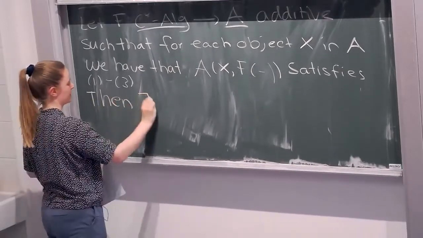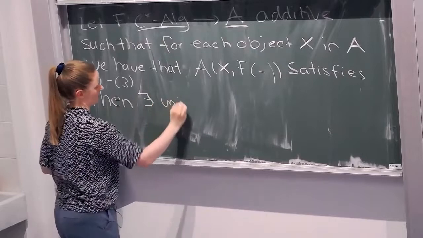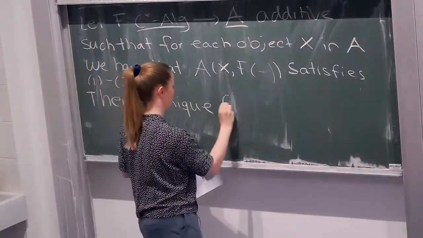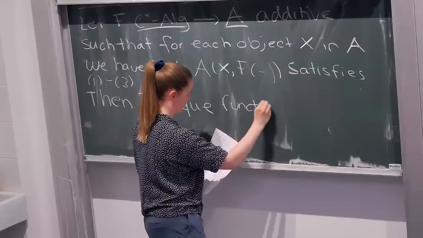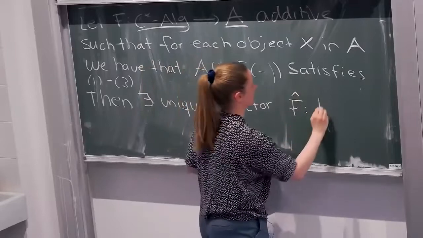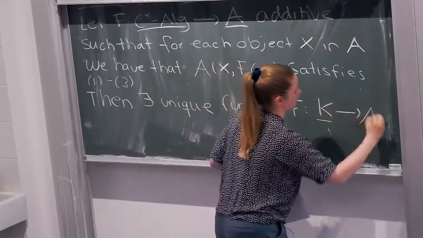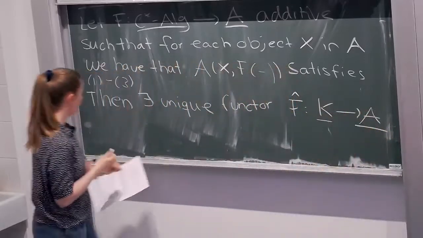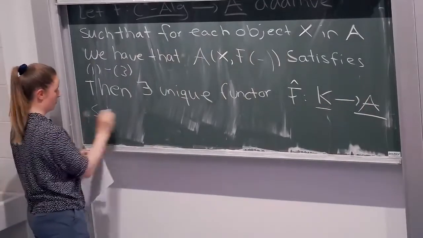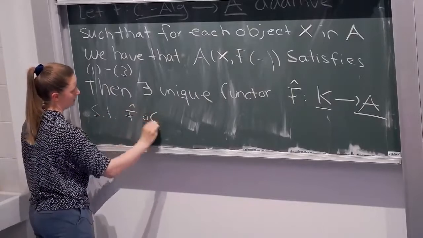Then there exists a unique functor from this category K to A such that if we compose it with C, we get F.